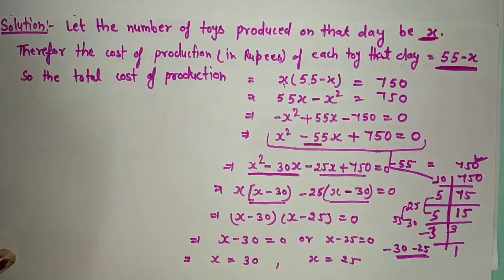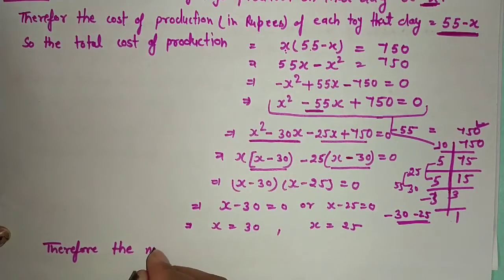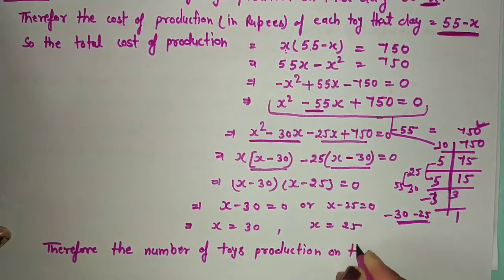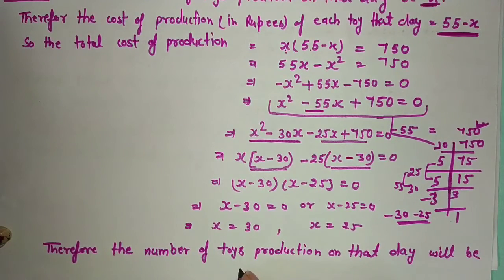Therefore the number of toys produced on that day will be 30 or 25.